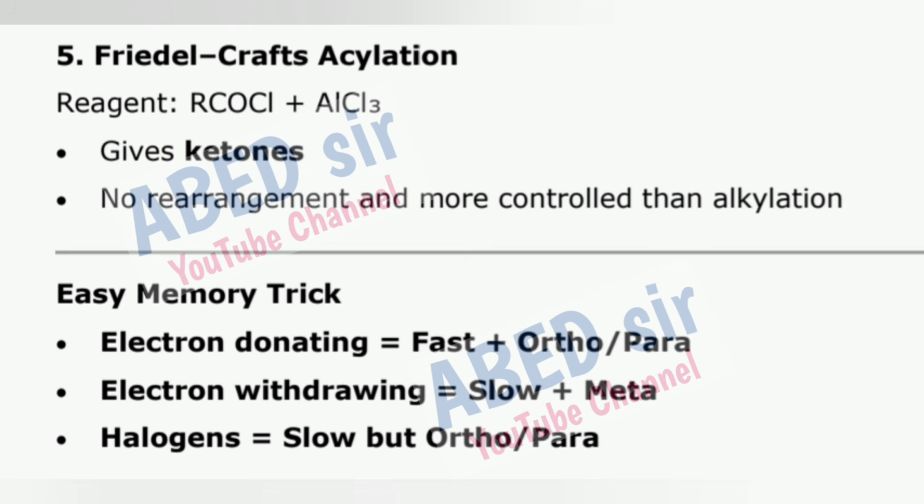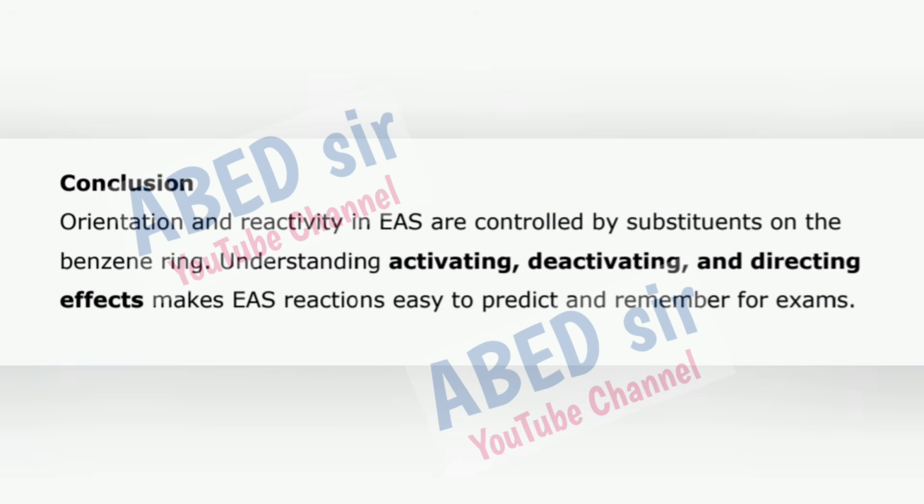Electron donating is equal to fast plus ortho para. Electron withdrawing is equal to slow plus meta. Halogens is equal to slow but ortho para. Conclusion. Orientation and reactivity in EAS are controlled by substituents on the benzene ring. Understanding activating, deactivating, and directing effects makes EAS reactions easy to predict and remember for exams.